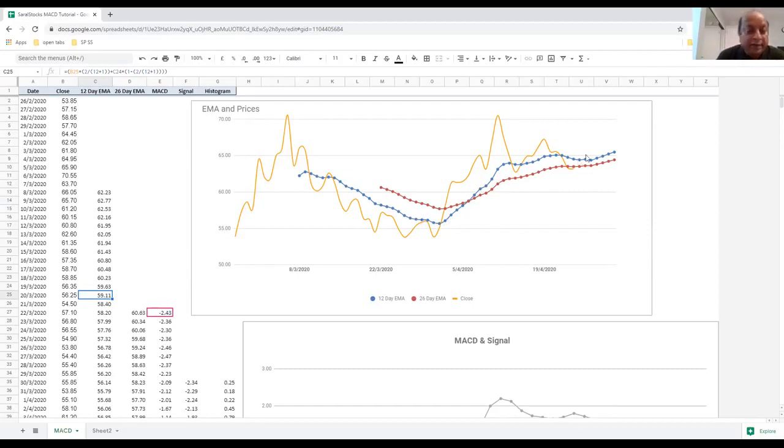Now what we do is we add one more series to this, and we add a 26-day moving average on top of that. Again, the same concept. This value here is the average of values from here till here, or 26 days.